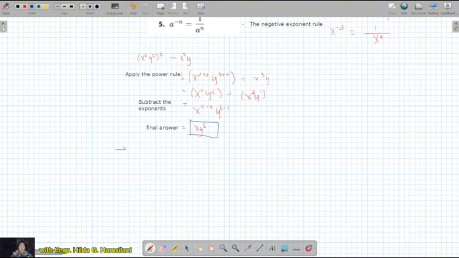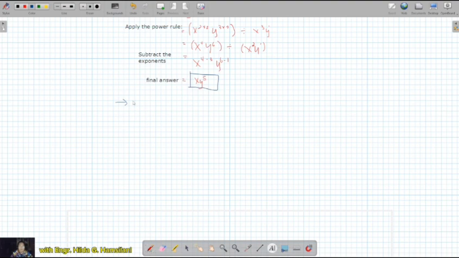Next, radical roots. In radical roots, we have 2. The first is the square root rule. So what is the square root rule?